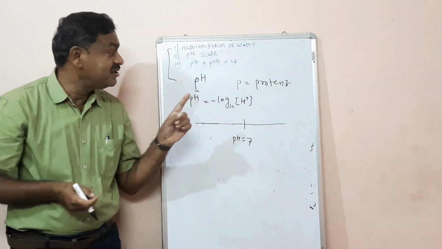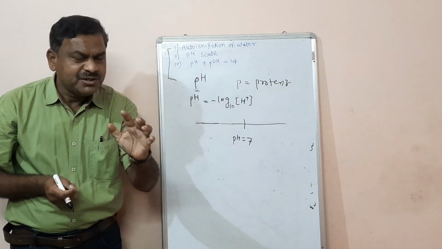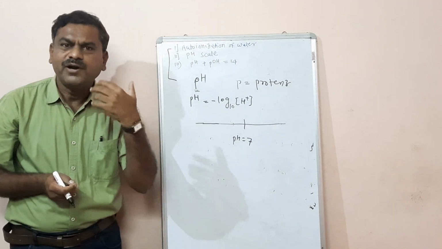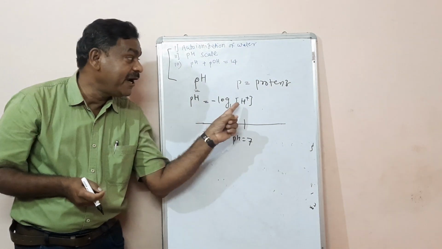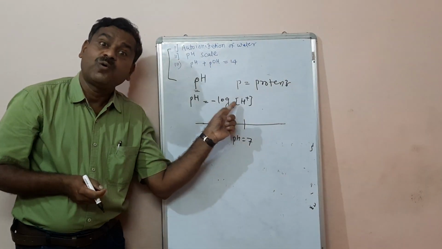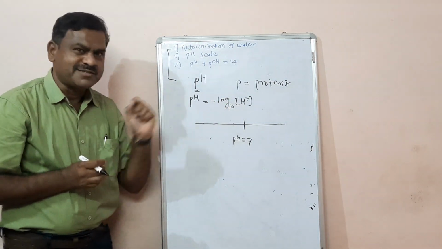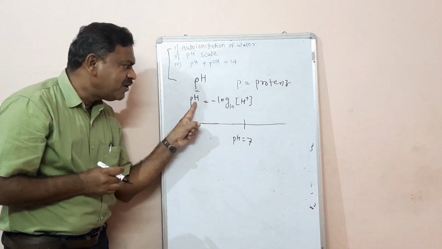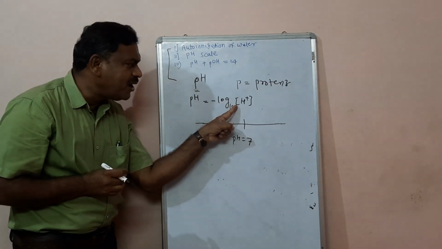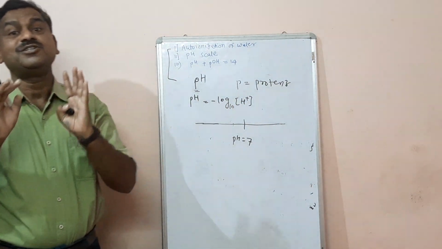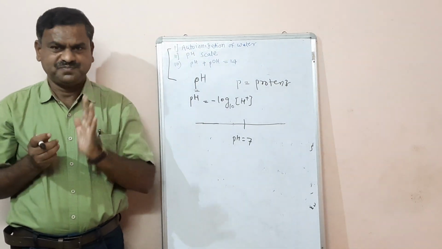Means we have to determine the molar concentration of H plus. pH equals negative logarithm to the base 10 of the molar concentration of H plus. That is nothing but the pH.